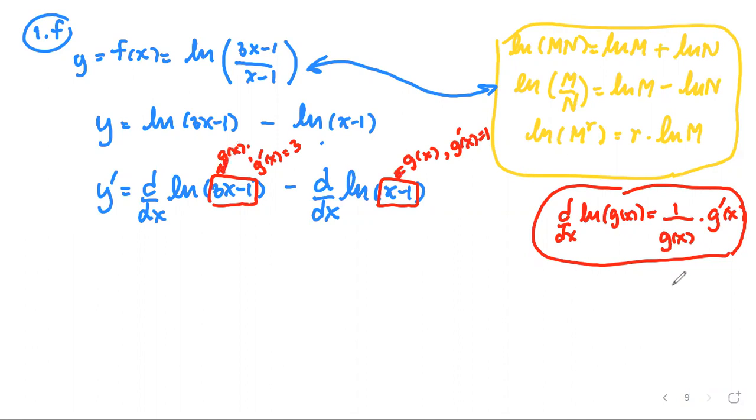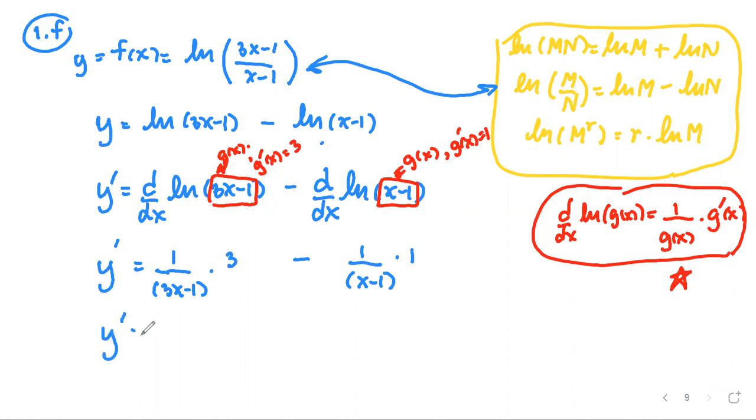Okay, so apply these formulas twice, one at a time. The first term, 1 over g, is going to be 1 over the quantity 3x minus 1 multiplied by g prime, which is 3. Second term, 1 over g, or the quantity x minus 1, multiplied by g prime, which is 1.